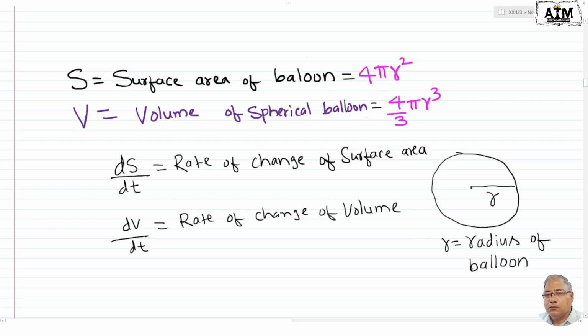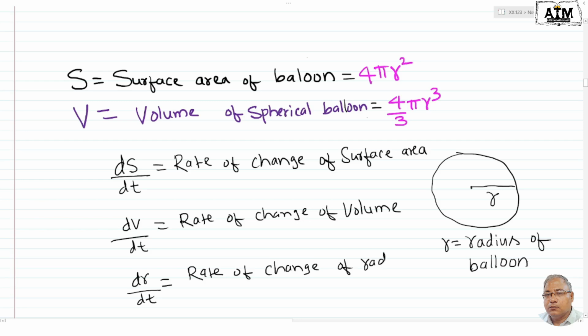So dS by dt is the rate of change of surface area, dV by dt is the rate of change of volume, and one more thing, dr by dt is nothing but the rate of change of radius.